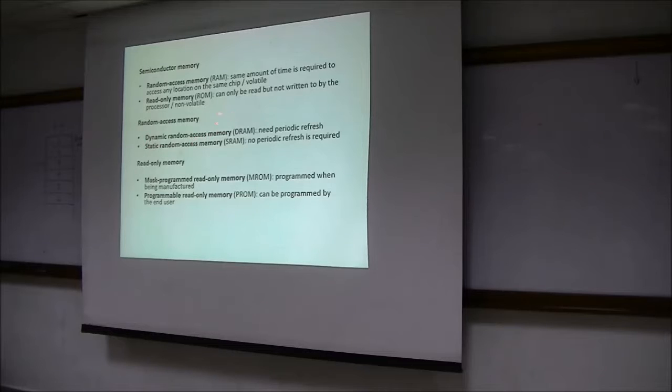Of course now we have DDR and so many other technologies as well, but basically these are the founders of the other technologies. So dynamic random access memory, DRAM, and we have static random access memory, SRAM. Now the difference between these two is, here you see need periodic refresh. Which circuit always needs a periodic refresh?